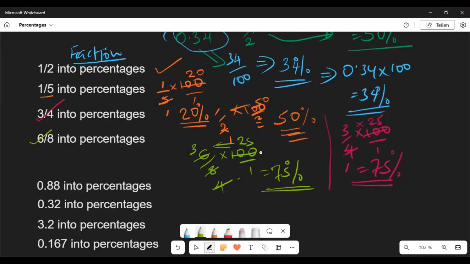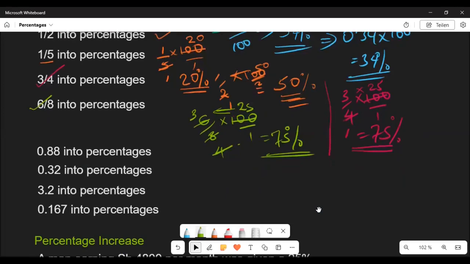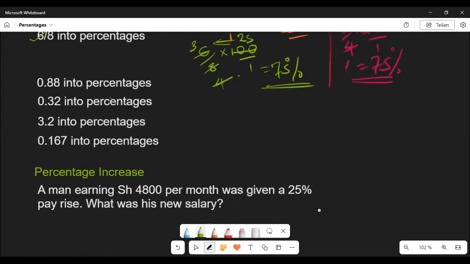So after looking at that, I would like us to go to the next session where we're going to look at decimals. How do you change decimals into percentages? Okay, so this is going to be a bit interesting.